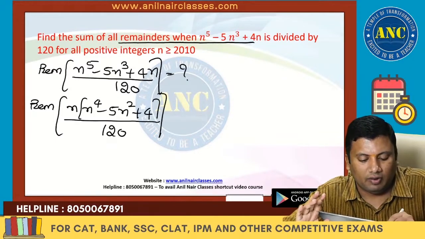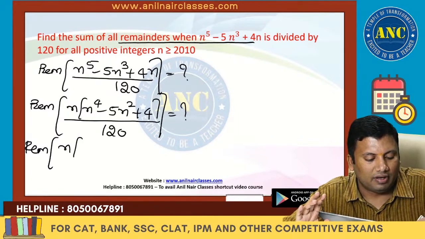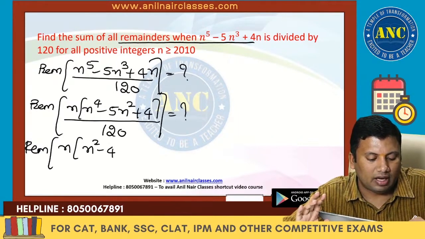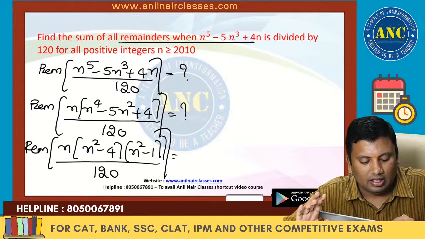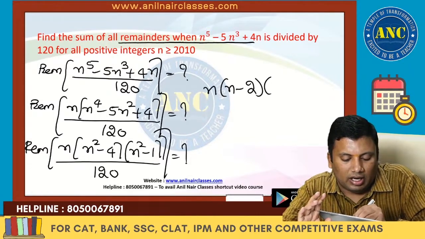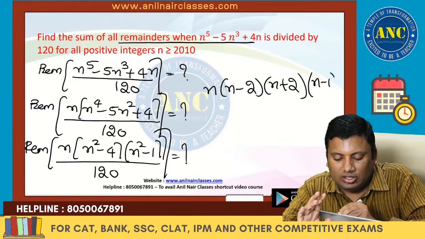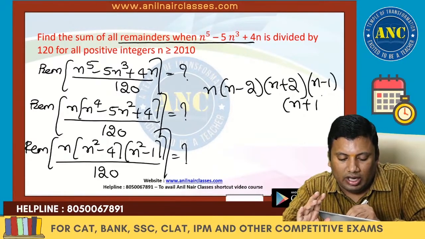The remainder when divided by 120 is the remainder of n times n square minus 4 into n square minus 1. n square minus 4 is n minus 2 into n plus 2. n square minus 1 is n minus 1 into n plus 1.